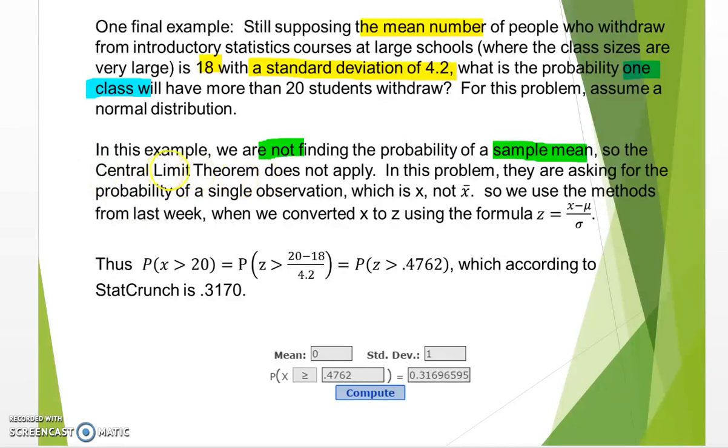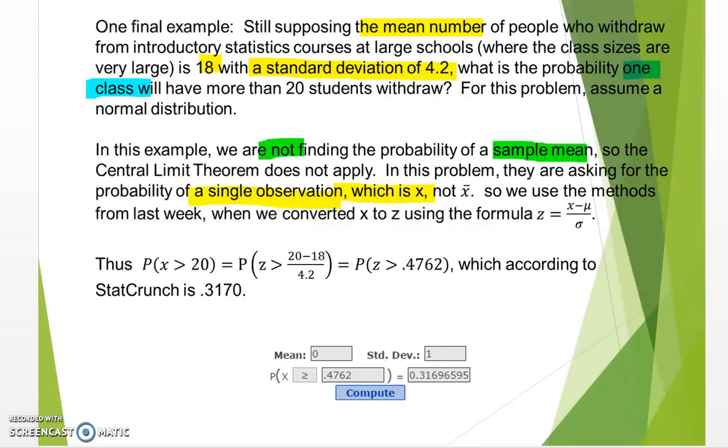The central limit theorem only applies to anything that's related to a sample mean. Here they're asking for one individual observation, which is going to be X. This is related to what you learned before from the application of the normal distribution, the last topic. So we'll just be using the method from last time again.